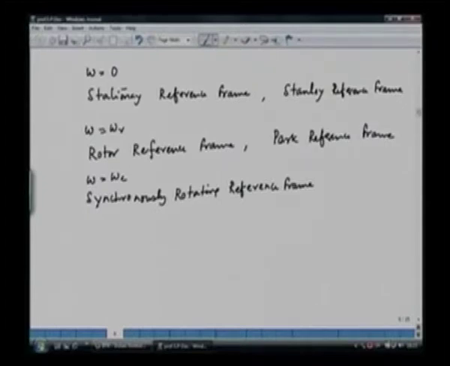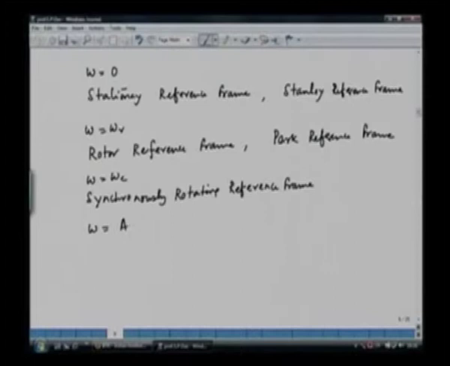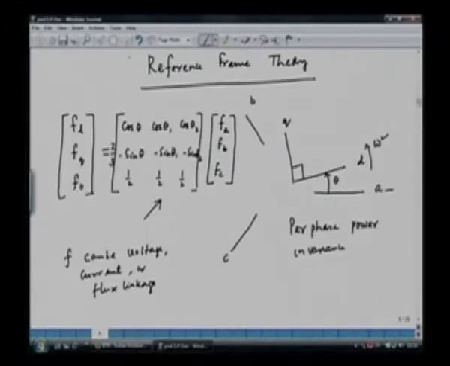And if omega is arbitrary, we call this reference frame to be an arbitrarily rotating reference frame or arbitrary reference frame. So we can recalculate this matrix.